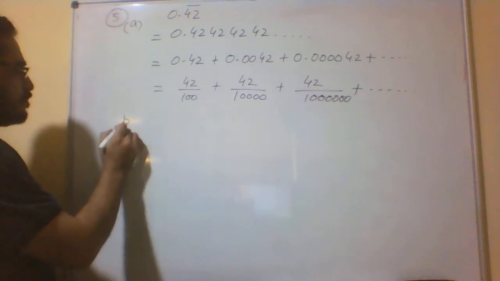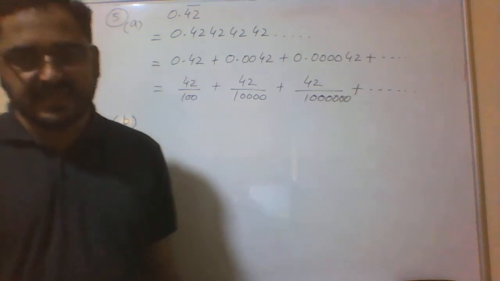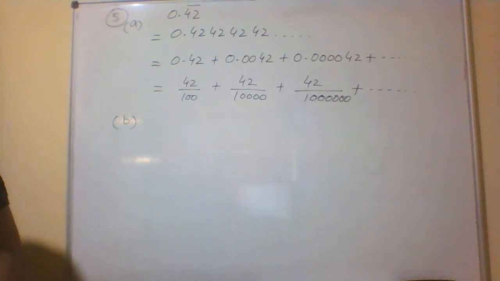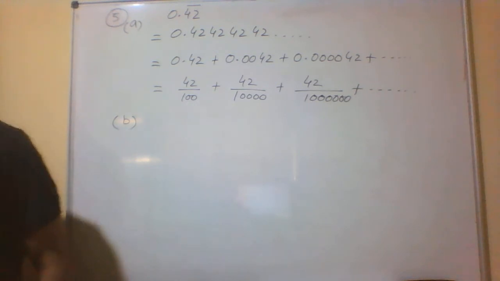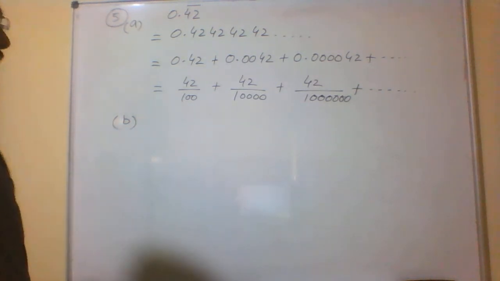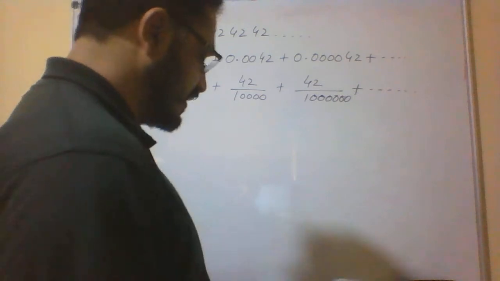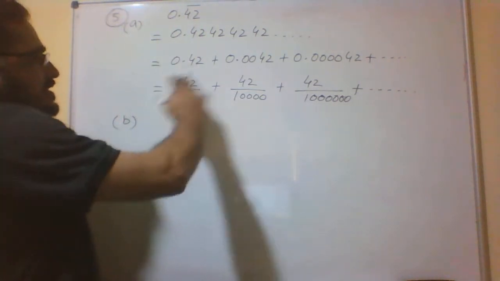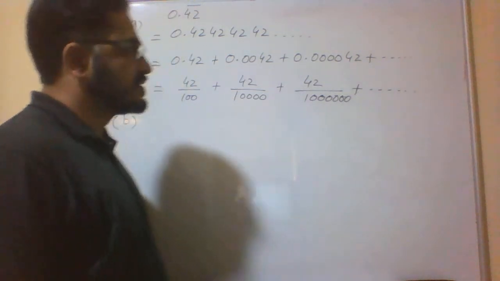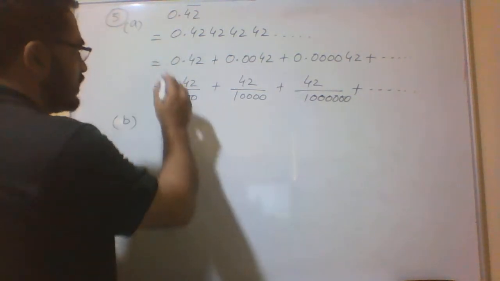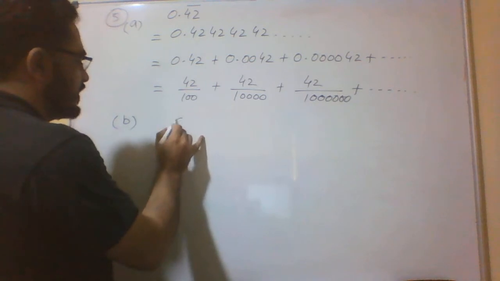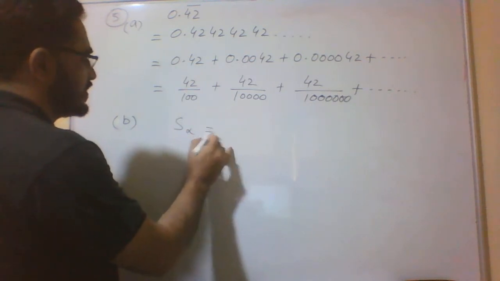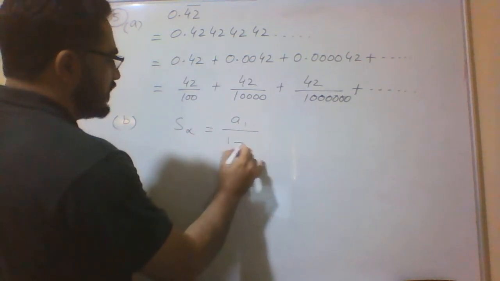Now in part B, what is there? Use your answer to part A to show that 0.42 can be written as 14 divided by 33. For this one, as this is an infinite geometric series, we will apply the formula for an infinite geometric series: S infinity is a1 divided by 1 minus r.